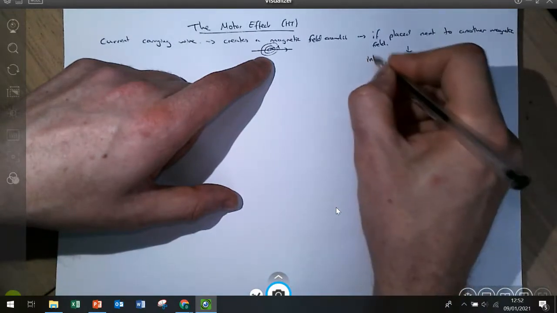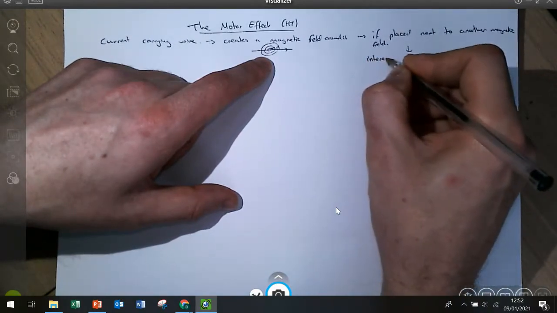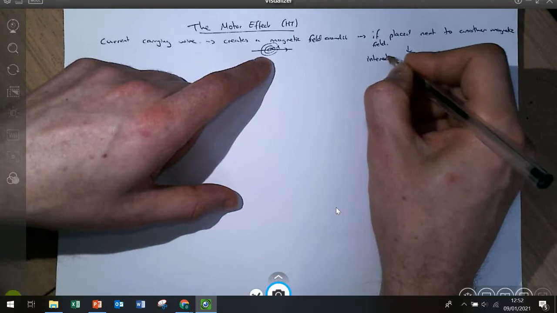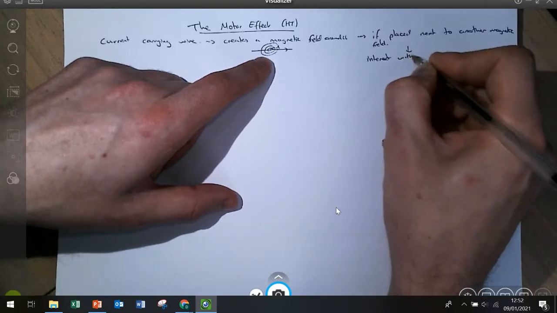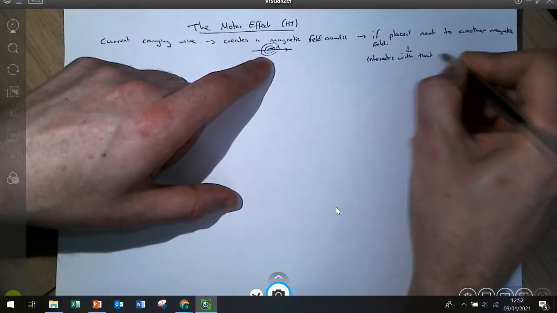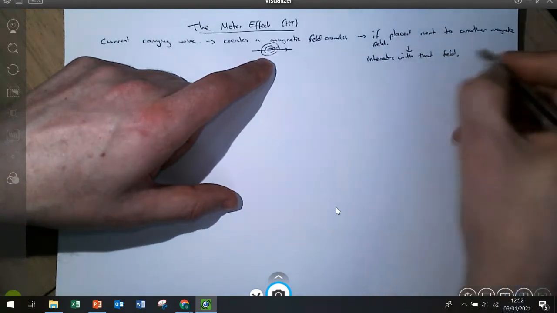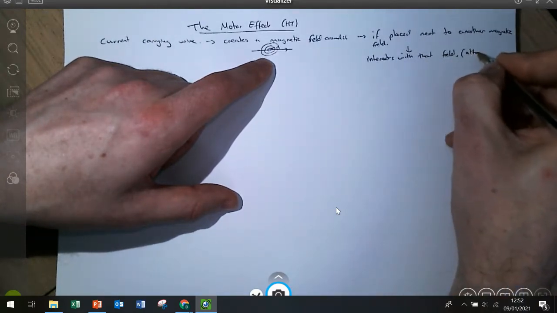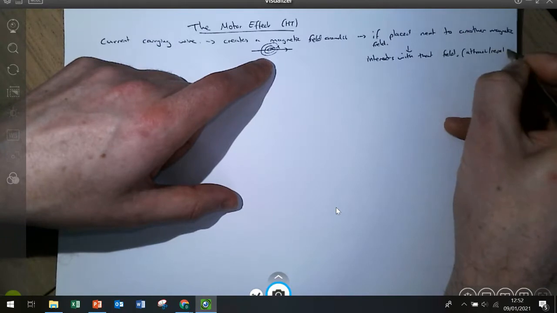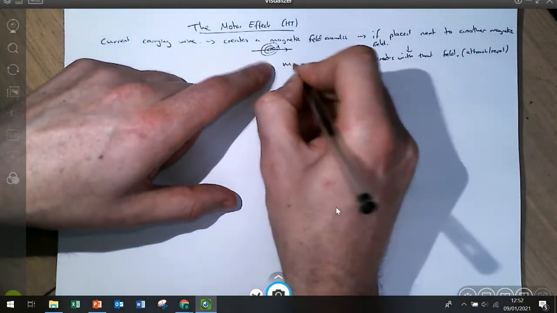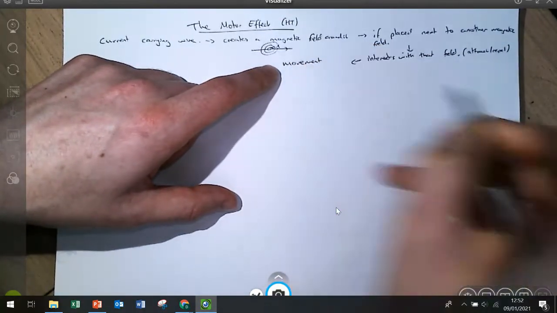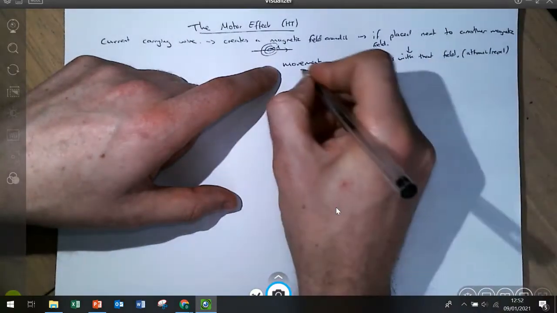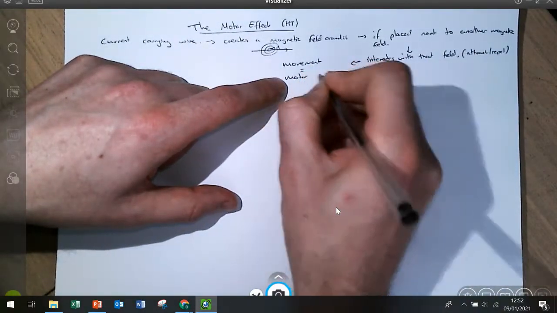It will interact with that field. And how could it interact? It could attract or repel. And then this movement from the attraction or repulsion equals the motor effect.